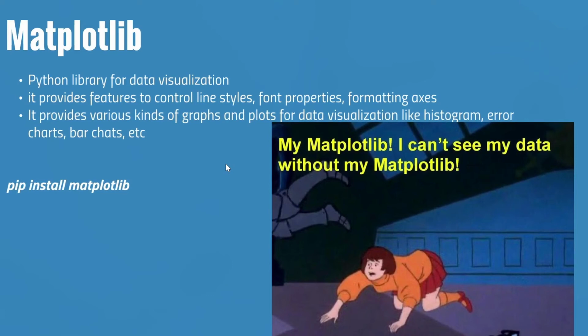If you want to visualize any kind of data in Python, if you want to change any features, for example line styles, font properties, or formatting of axes, if you want to build histograms, bar graphs, box plots, or anything of that sort, Matplotlib is the one-stop solution for everything. It is a very useful tool, especially for the data visualization part.